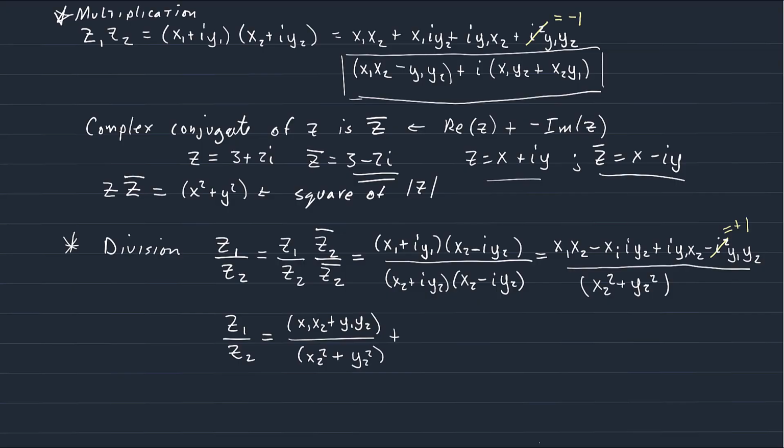And then we collect all the imaginary parts, which gives us y1 x2 minus x1 y2, all over the same denominator.